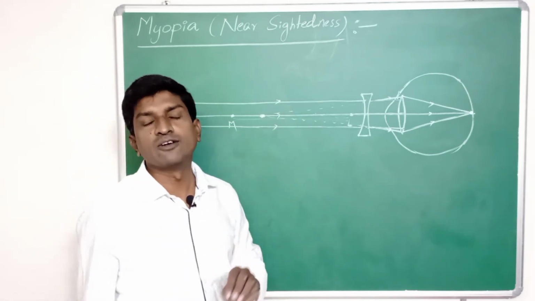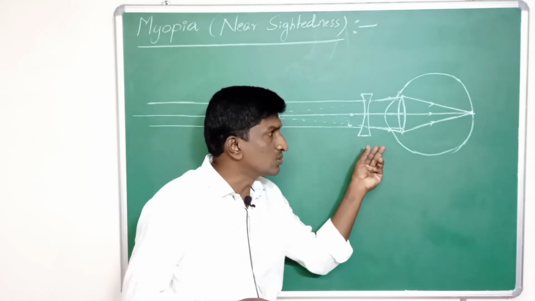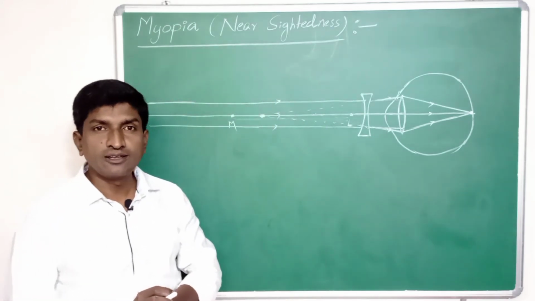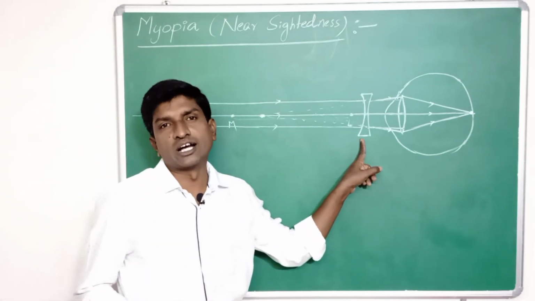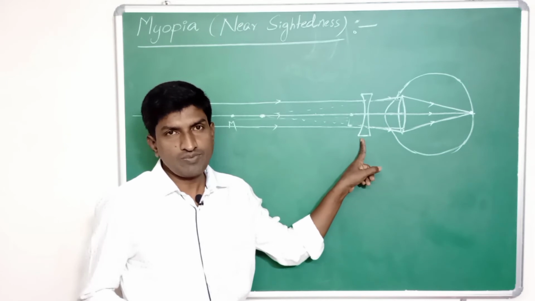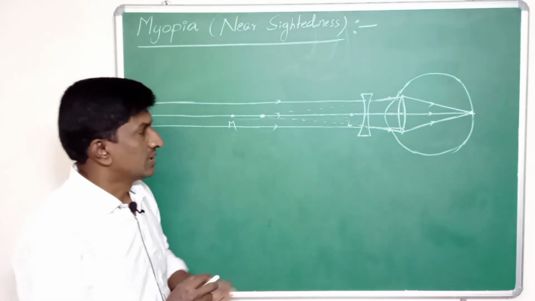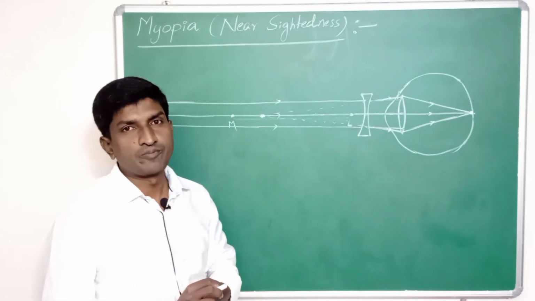So a biconcave lens or double concave lens is used to correct the myopia. Then what is the focal length of this biconcave lens? Let us calculate the focal length of the concave lens which is used to correct the myopia.